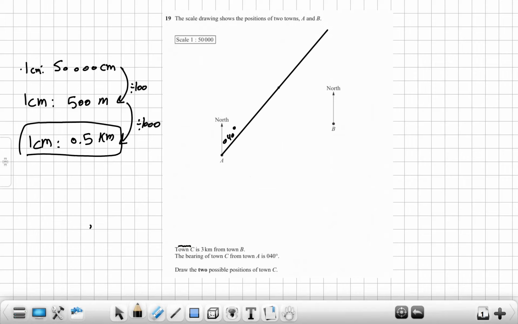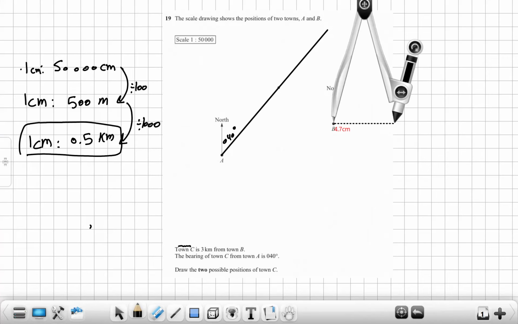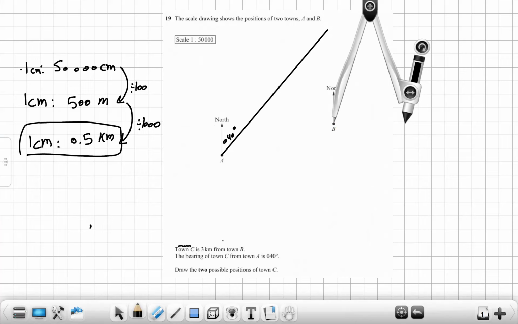All right, done. Okay, but they told you that town C is somewhere on this line, and they told you that it is 3 kilometers from town B. Then definitely I'm going to have two possible positions. For the two possible positions, you need the compasses. And measure how many? We said it is 3 kilometers away from town B. 1 centimeter is half a kilometer.